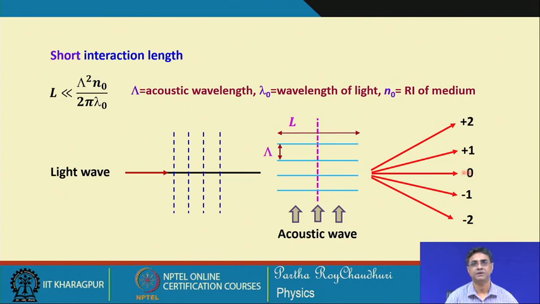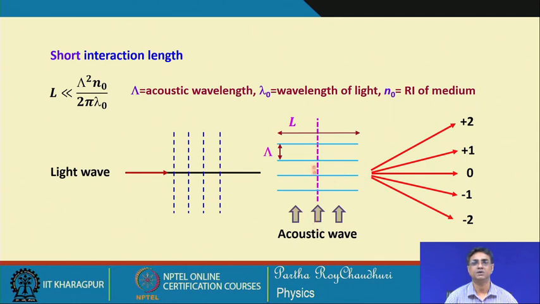This is the 0th order diffraction, which is along the same line, and then you have symmetrically located on either side of the 0th order, the +1, +2 orders, like the way the grating forms. You have symmetric orders formed about the 0th order.